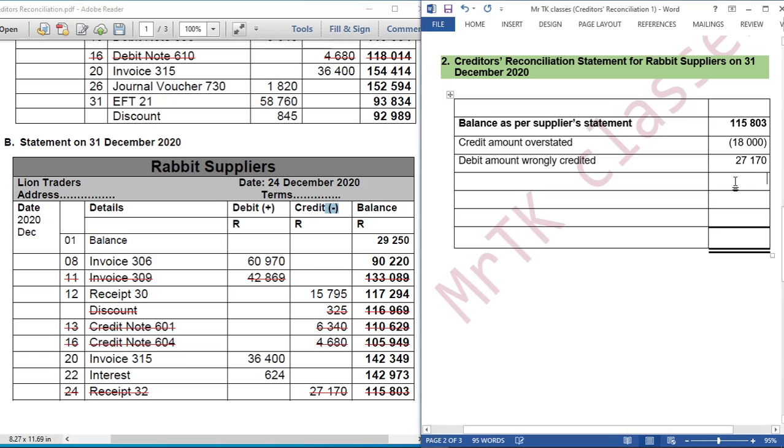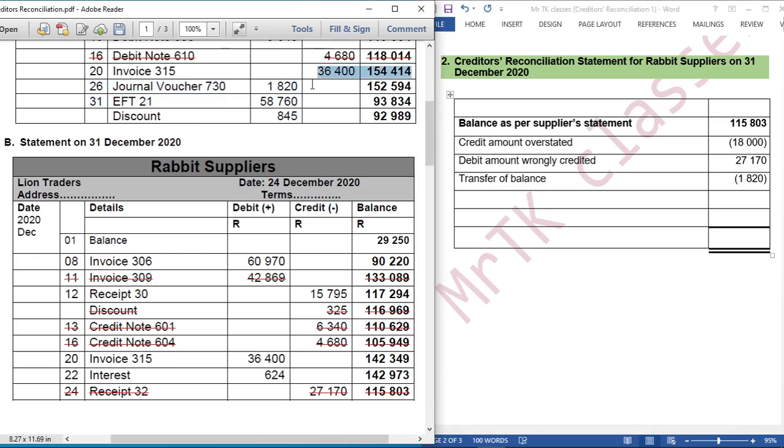So we are going to have a negative of 1,820. Transfer of balance. All right, then let us come here.